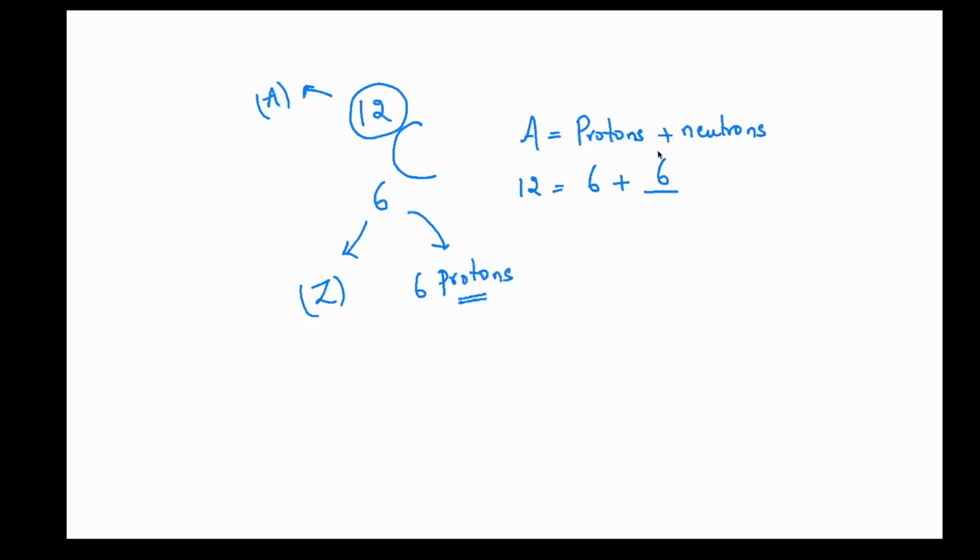That's how carbon is designated as carbon subscript 6 and superscript 12. Okay, now this is what we know. However, in nature, carbon can exist in 3 different forms. So these are the 3 different forms in which carbon can exist in nature.